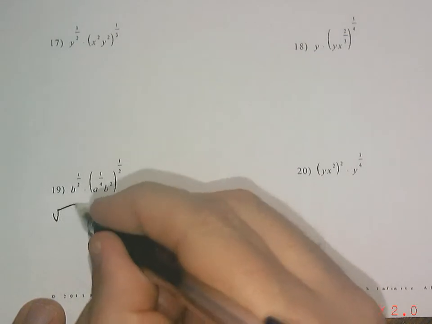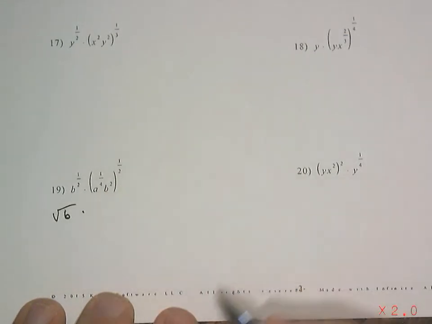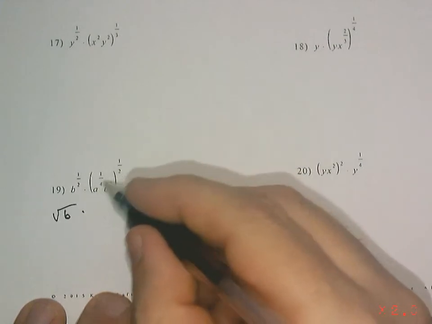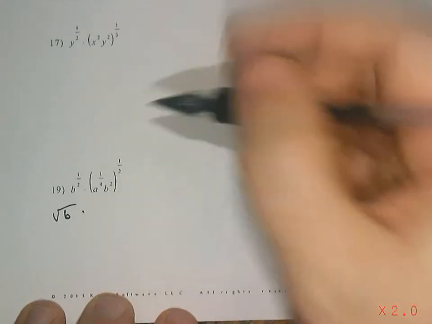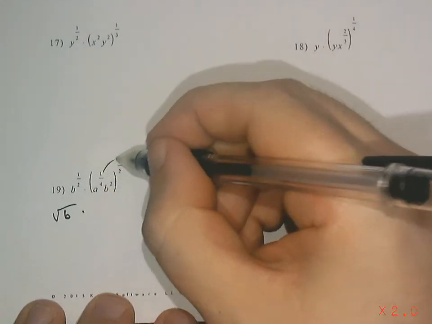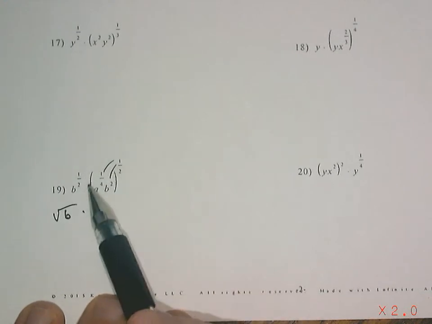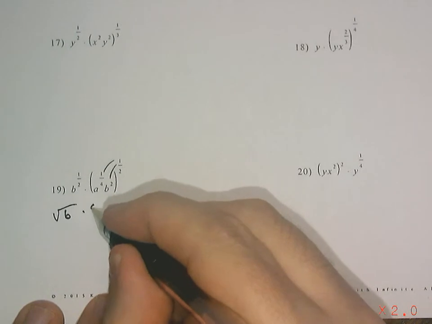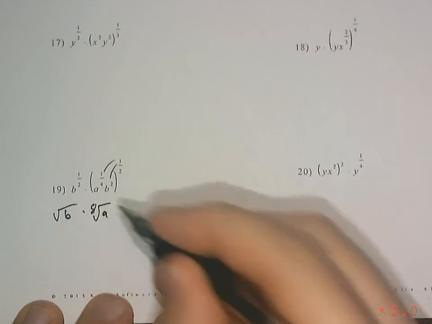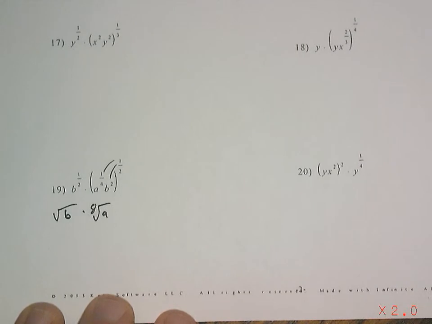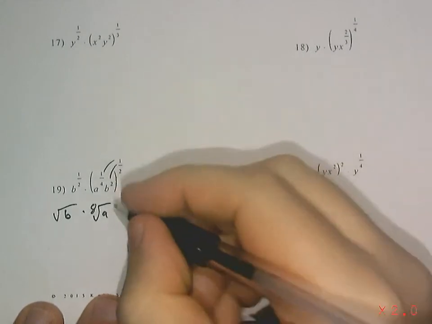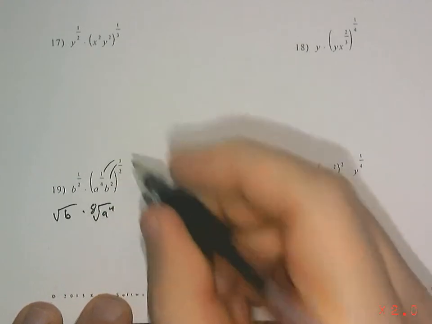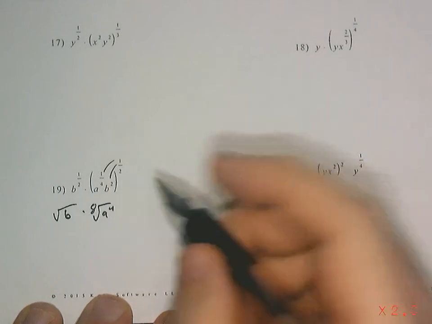So this is a square root of b times, and then I've got, let's look at this like we're distributing. So distribute those fractions. 1/2 times 1/4 is 1/8. So that would be the 8th root of a to the 4th. And then 1/2 times 2 would just be b.